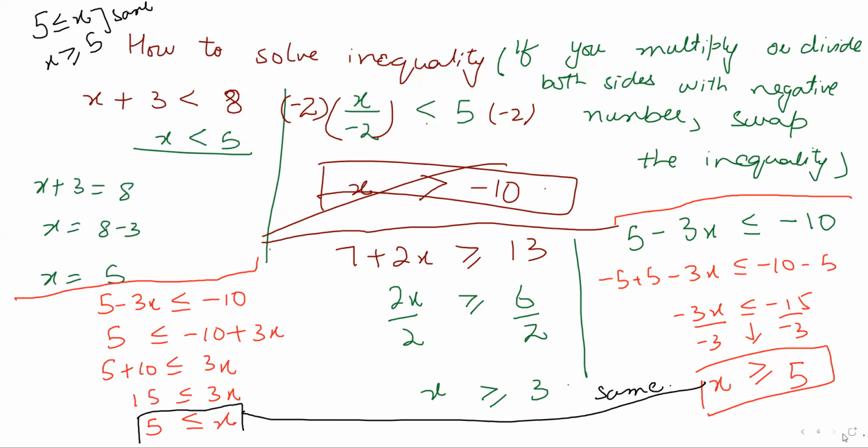Okay. I have another inequality: 4x plus 7 greater than x minus 4. How are we going to solve this inequality?